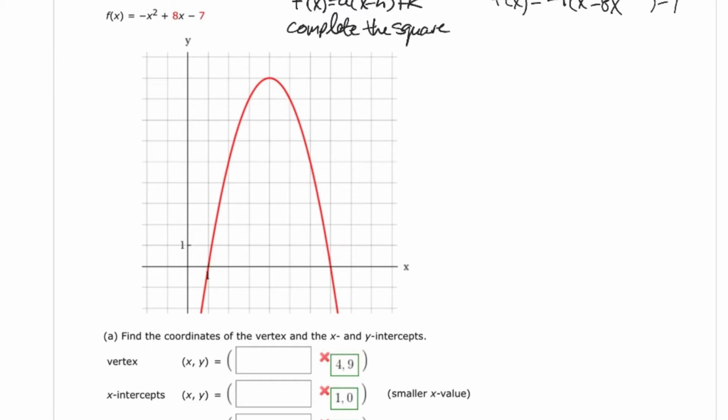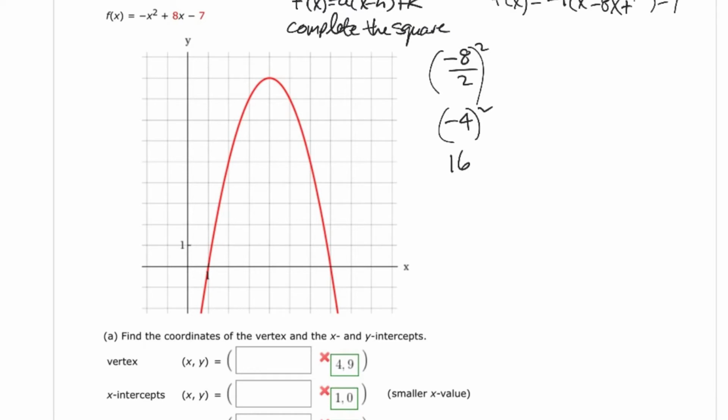Now we will locate the coefficient on x, which will be negative 8. We will find half of that and then square it. So this will be minus 4 squared, or 16.